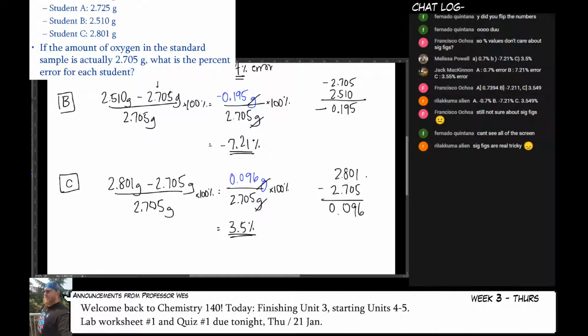Sig figs are tricky, but you are following the same rules every time, so make sure you are doing the subtraction rules. It's all a part of this class, is learning the rules for sig figs. And so when you're learning and starting out, that's what you just had to do for a while. You look at a problem, say, okay, what's my first thing I'm doing?